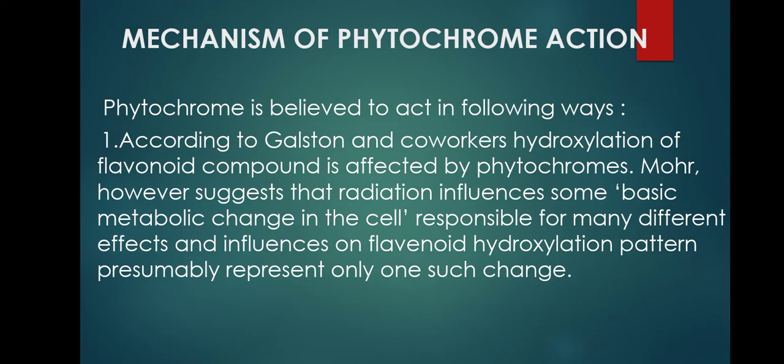Mohr, however, suggests that radiation influences some basic metabolic change in the cell, responsible for many different effects, and the influence on flavonoid hydroxylation pattern presumably represents only one such chain.